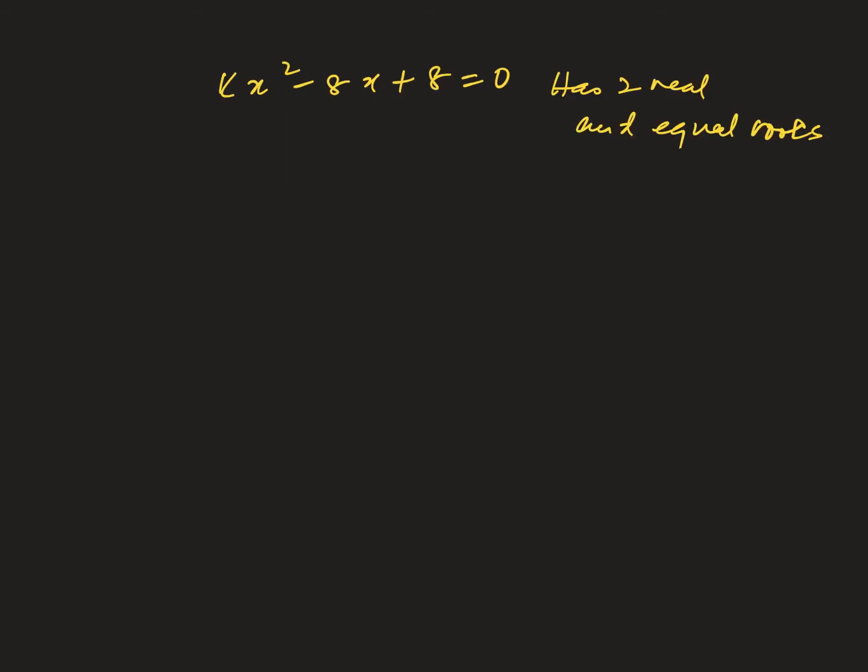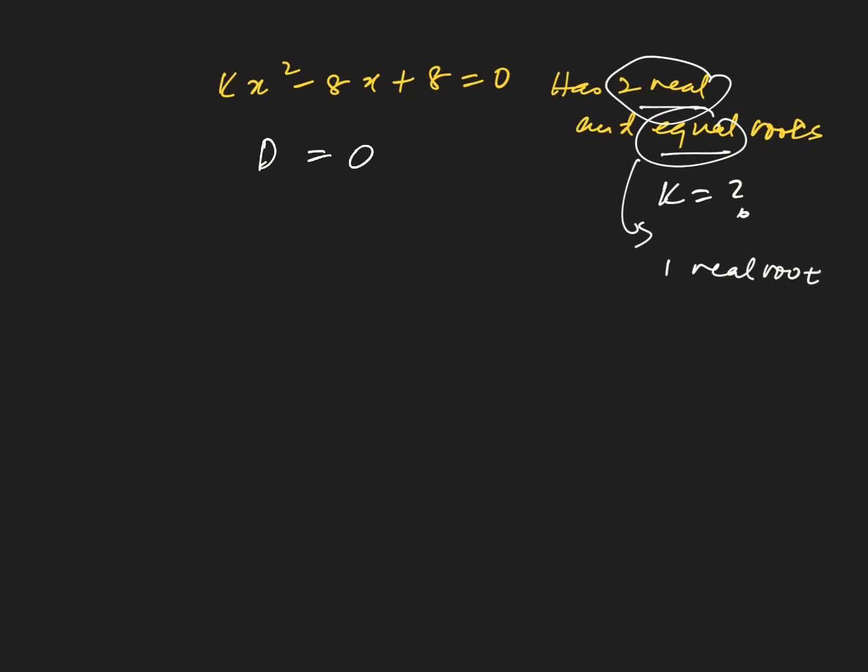In this question, we are given kx squared minus 8x plus 8 equal to 0, and it has two real and equal roots. We are asked to find the value of k. Since it has two real and equal roots, it means it has one real root. When you have one real root, the discriminant is equal to 0, meaning b squared minus 4ac is equal to 0.